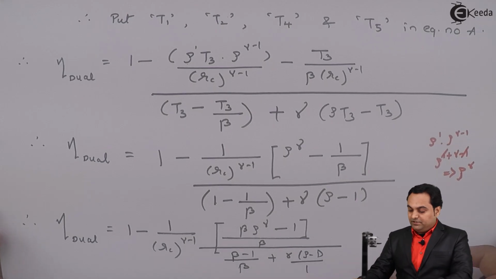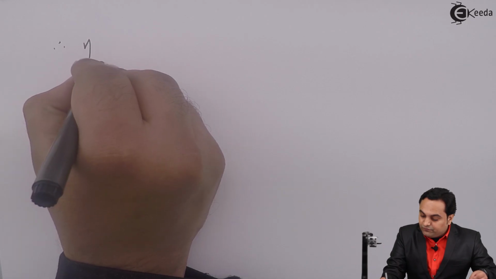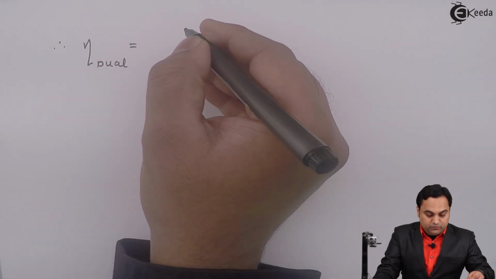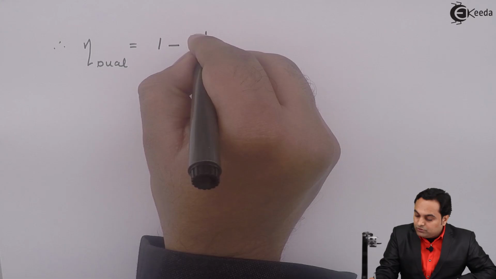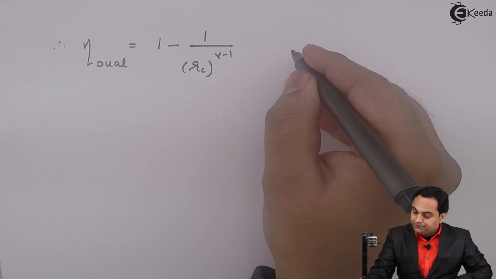Now this beta would be multiplied, so therefore the efficiency of the dual cycle will be equal to 1 minus 1 upon Rc raised to gamma minus 1.